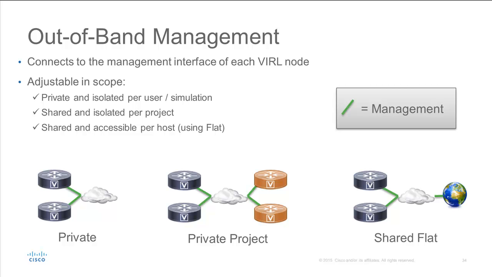It's not reachable from outside, and the routers can see each other, but they can't see beyond the VIRL host. If I choose a private project management network, it remains the same. I still can't get beyond the host, but multiple simulations within that project can see each other.